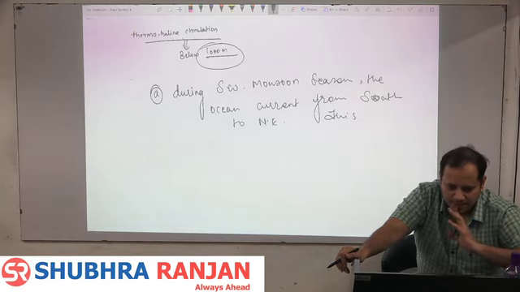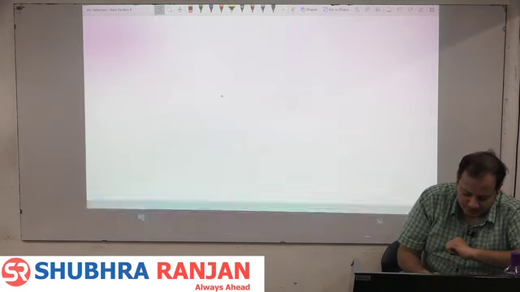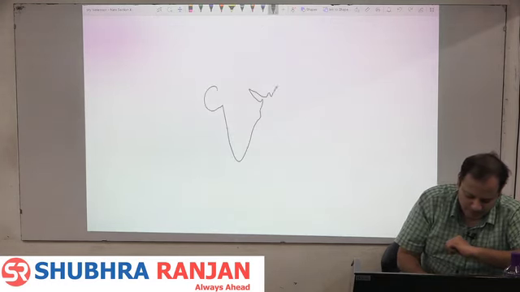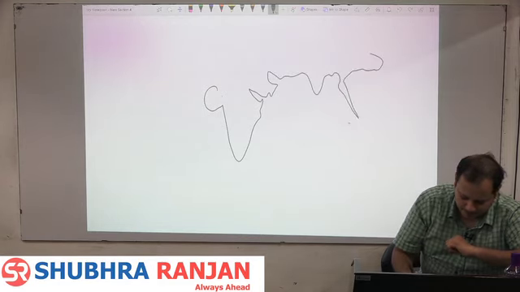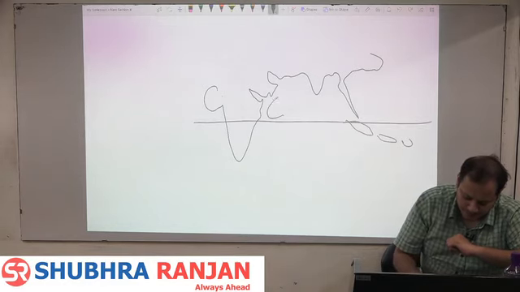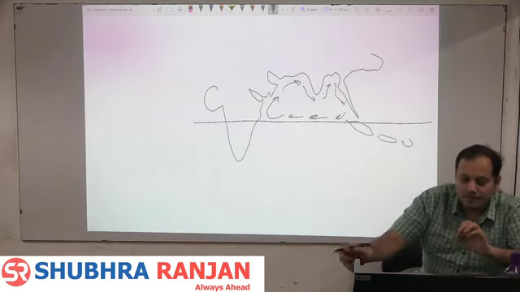The diagram which we have drawn yesterday should come here, in which we show the southwest monsoon current, Arabian Sea branch, Bay of Bengal branch, and then like this. There is no counter equatorial current. Getting it? Next point.